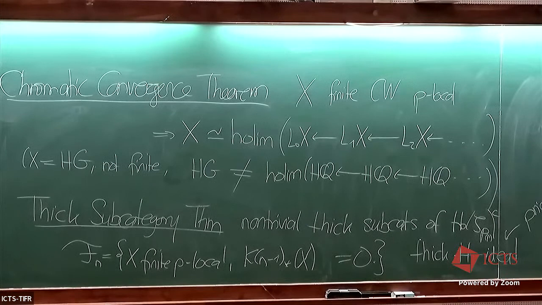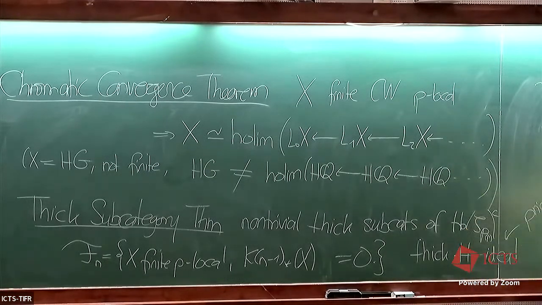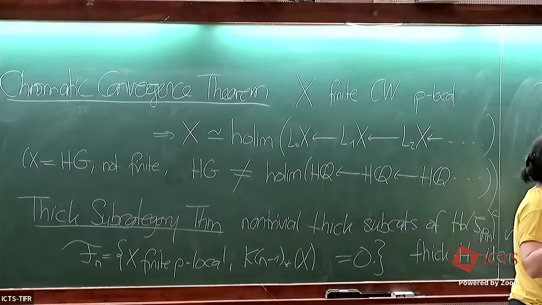So therefore, we can write down the Balmer spectrum of this big and horrendous, as you see, complicated thing, which I said contains a lot of interesting math and so on. But in fact, now we can just draw it.